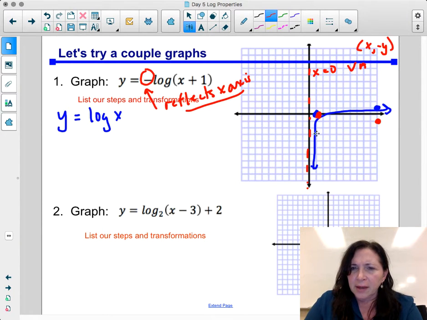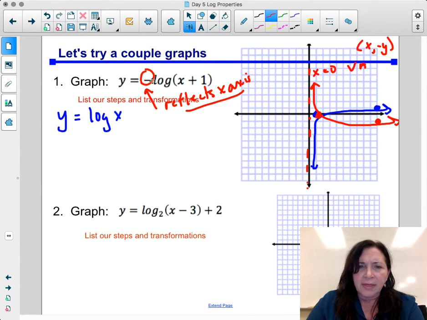Okay, so now what we have is this graph that looks like this. Now this value here shifts my graph to the right or to the left. If it's plus 1, it's as if you would set that equal to 0, you get negative 1, so it's 1 to the left.